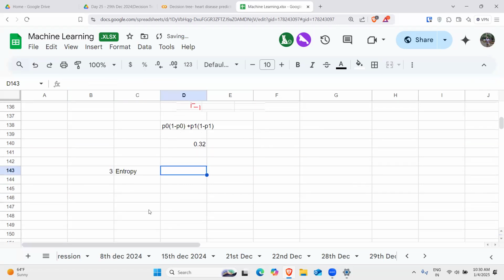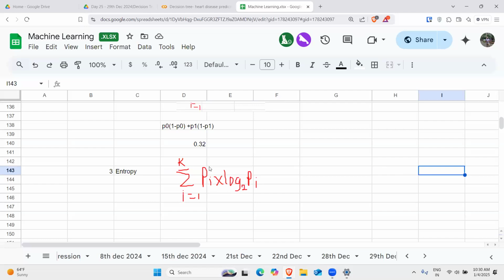And again, which has a formula which becomes summation of i equals 1 to k, probability of i into log of probability of i, right?